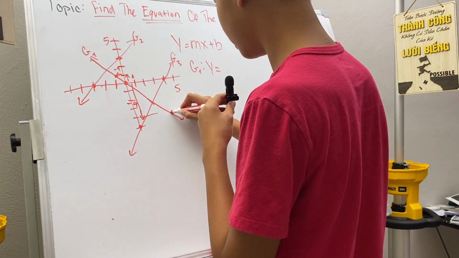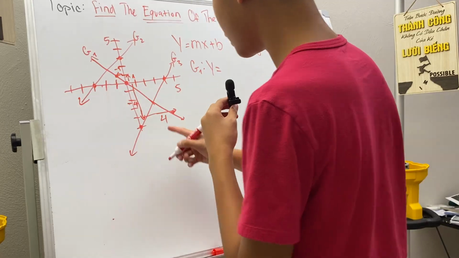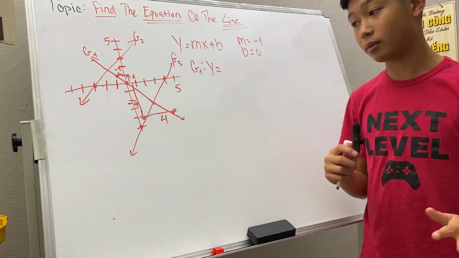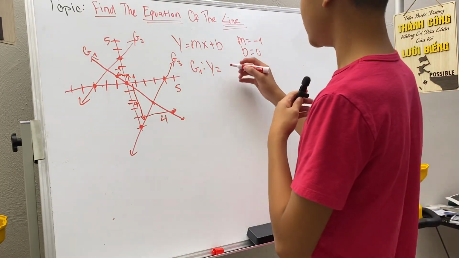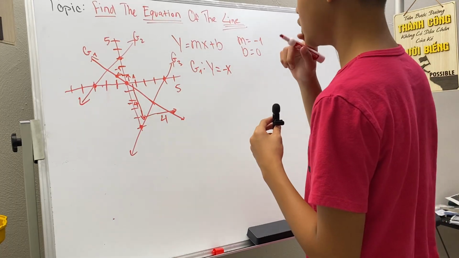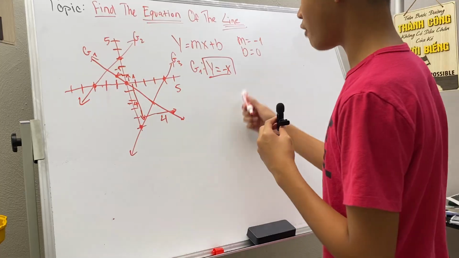So right here, go here. That's 4. So it's negative 4 over 4, or 4 over negative 4. It doesn't really matter. It still gets negative 1. So it's equal to negative x plus 0. That is the answer for graph number 1.